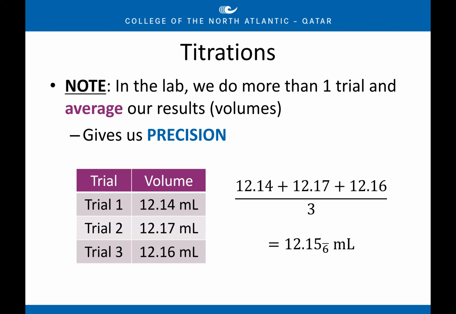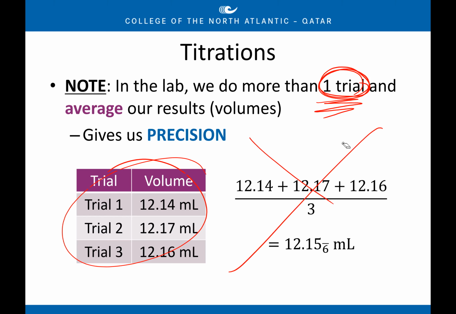So just one little note: for next week in the lab, or in real life, you never do just one. You always do multiple trials, and then you calculate your average. You don't need to study this, but keep in mind that in your lab next week, you're going to do multiple titrations and calculate the average.